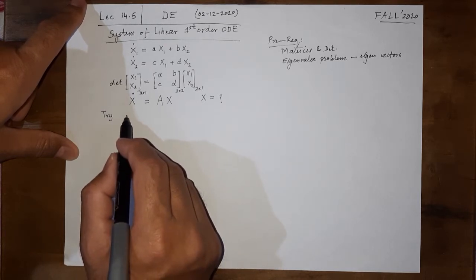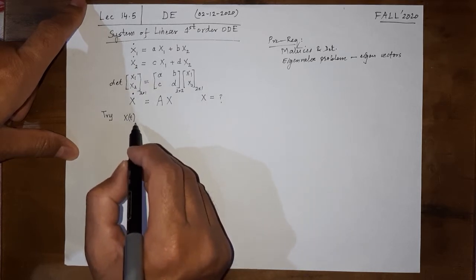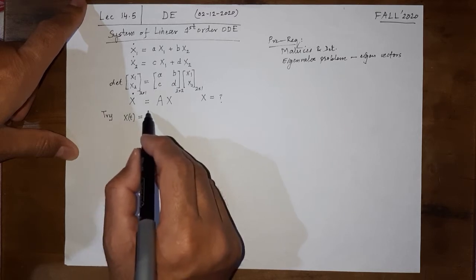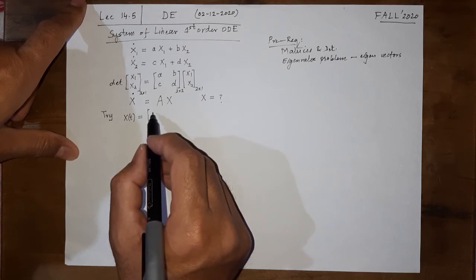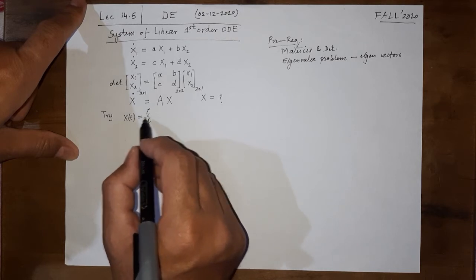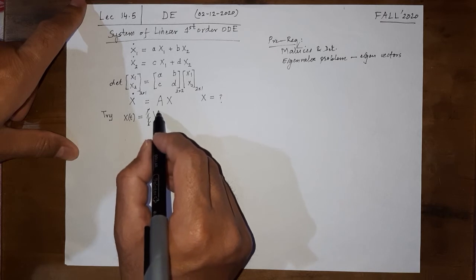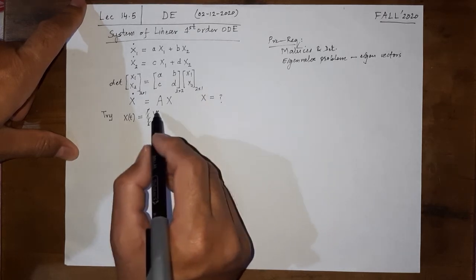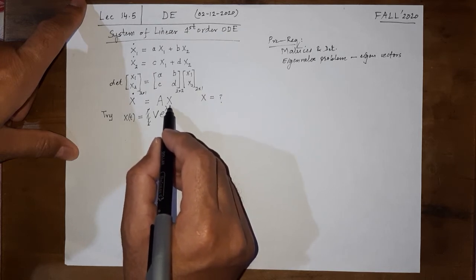So, let us say this vector x, which obviously is composed of functions of time, is equal to some vector v times e raised to the power lambda t.